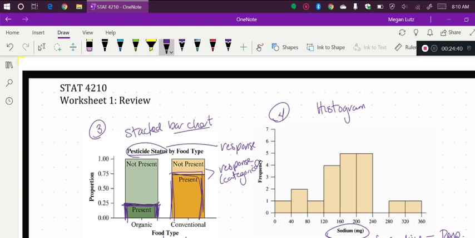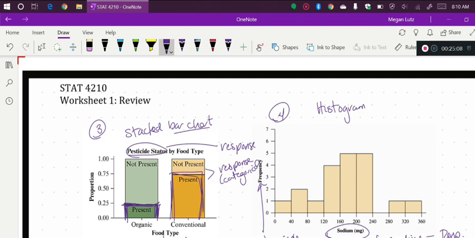It is a quantitative response. We can only do histograms with quantitative response variables. Just as with bar charts, the vertical axis being frequency or proportion or percentage is not a variable. It's just describing how many observations fall in a given bin.